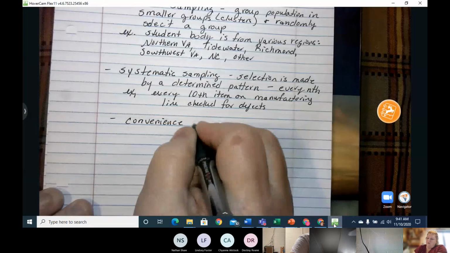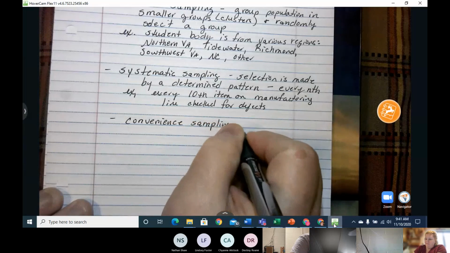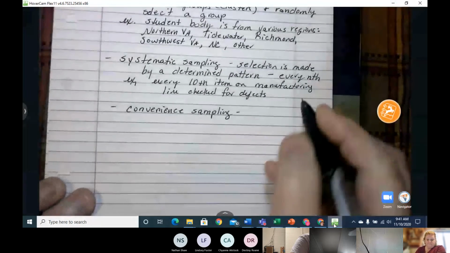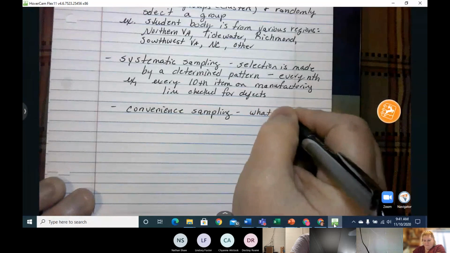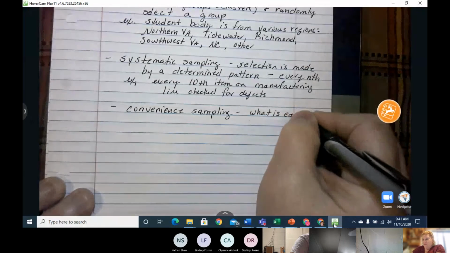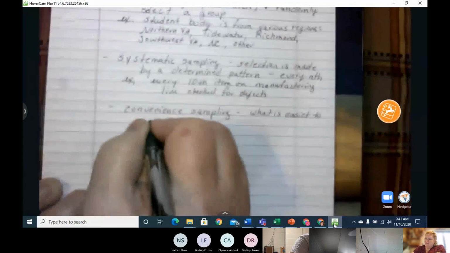And then, of course, there is convenience sampling. Whatever is easiest to obtain.